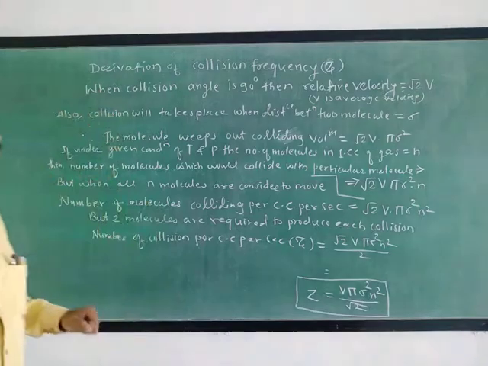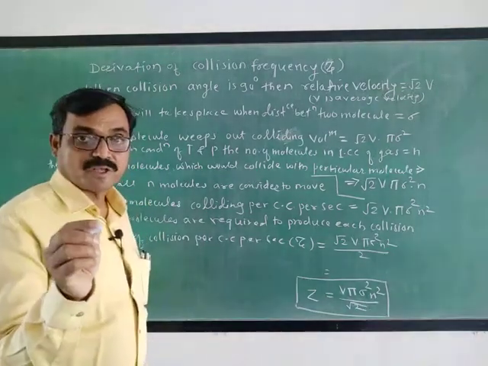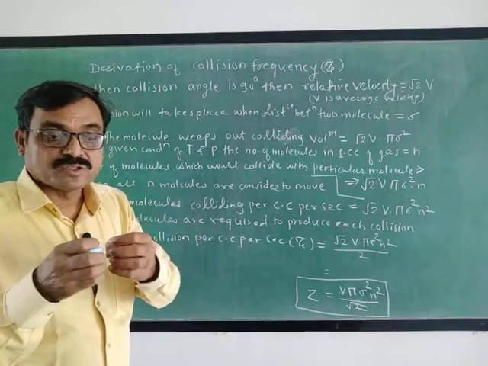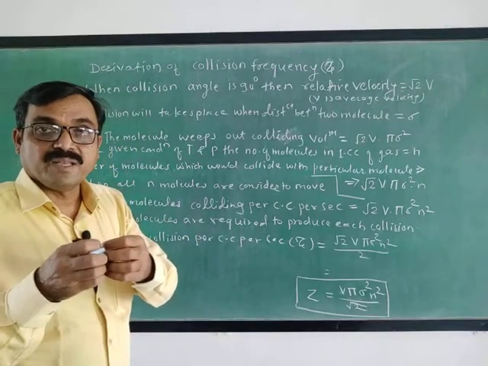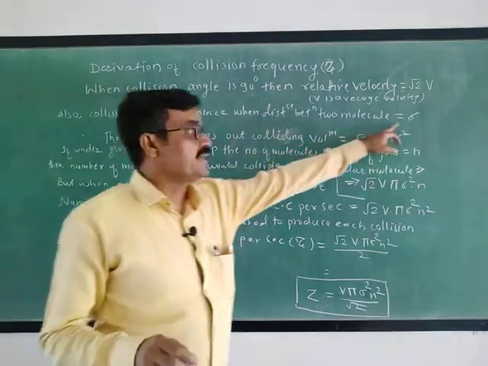Now see, you know that the collision takes place between two molecules when they acquire a minimum distance sigma. And what is that sigma? Sigma is the collision diameter.